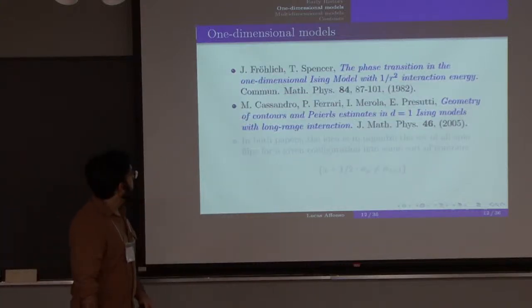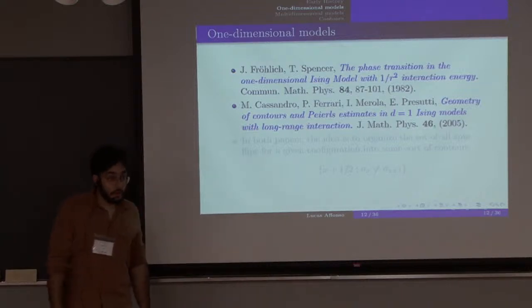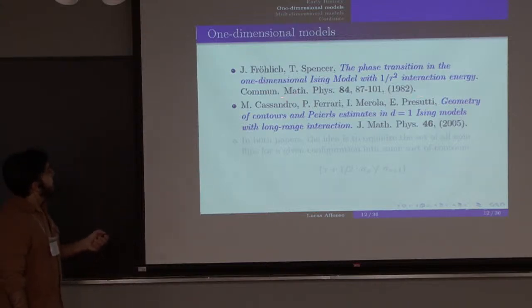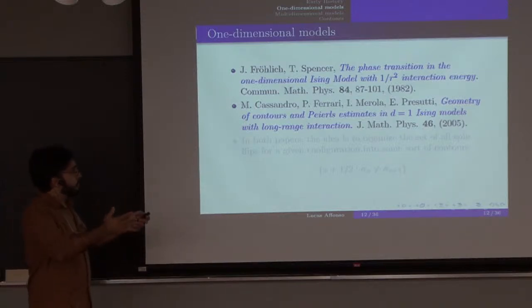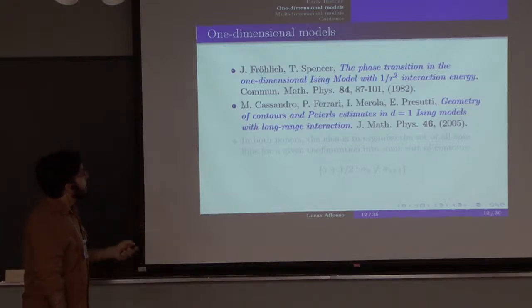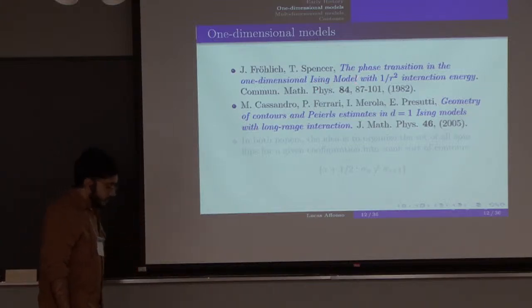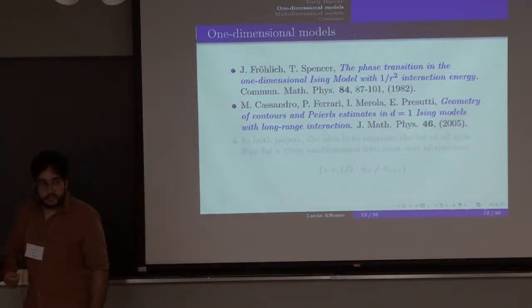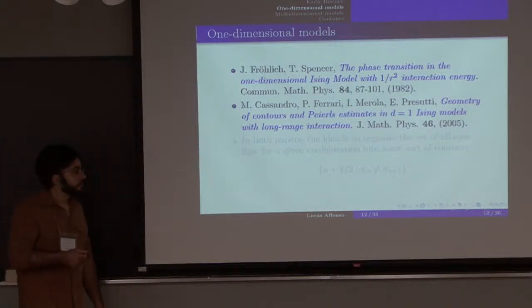And as we know, this was indeed wrong, because sometime after that, in 1982, we have the first paper by Fröhlich and Spencer. Okay, not the first one on this problem, but the paper on the one-dimensional model in 82, where they solved this problem, showing the phase transition, but now with a contour argument.